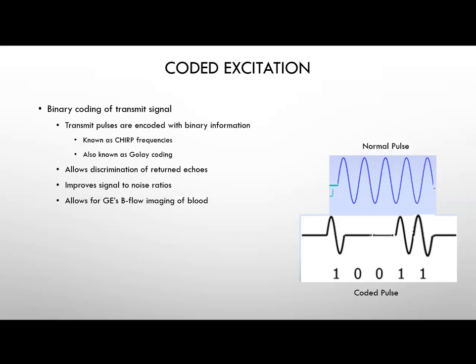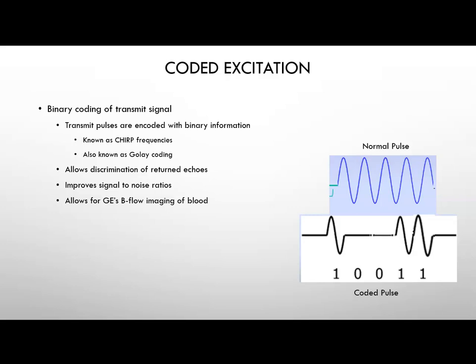So we're going to just talk a little bit here about what this means. And coded excitation is also known as chirp frequencies. Okay, so if you see that term chirp frequencies, remember this is just binary coded of the transmitted pulse, and also known as Golay coding.